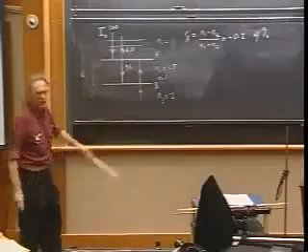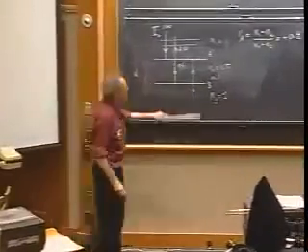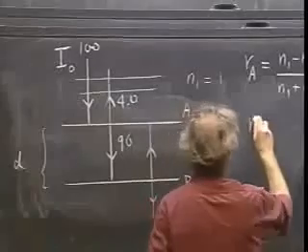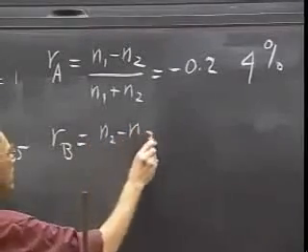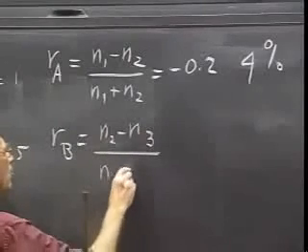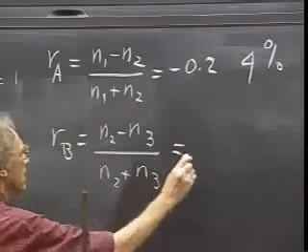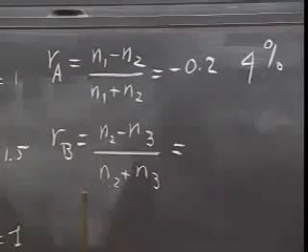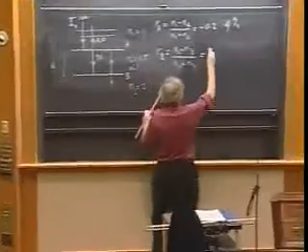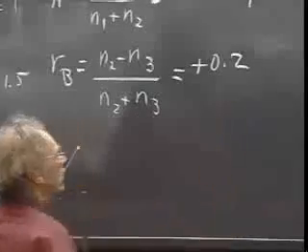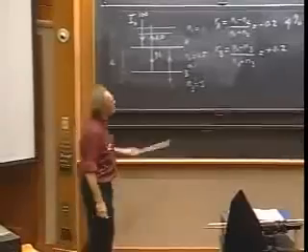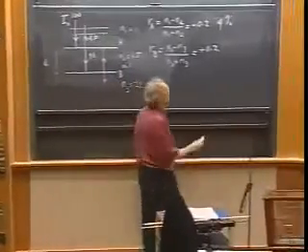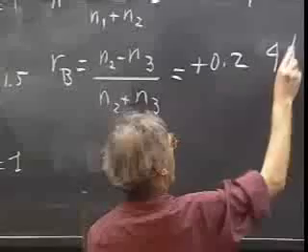And so I can calculate, again, the R value for that surface near B, which is now N2 minus N3 divided by N2 plus N3. N2, this is N3, and so that is plus 0.2. So there is no flip in the E vector as it returns. And the fraction of the light that is refracted is again 4%.